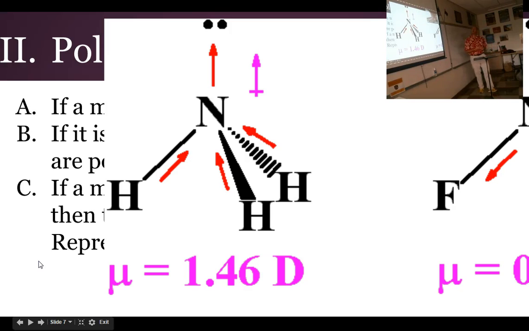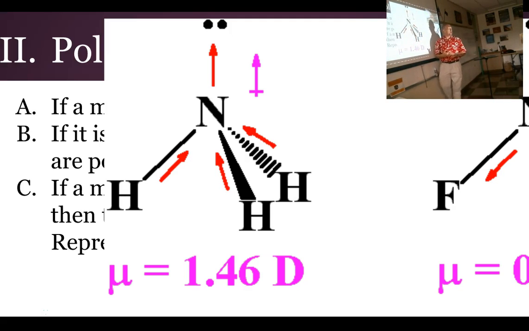Ammonia, NH3, is polar. And so you can see here that if you were to ignore the top part, the bottom part of the molecule is pretty symmetrical. It's a nitrogen and 3 evenly distributed hydrogens down there. But because it's not symmetrical with another hydrogen floating on top, it's an asymmetrical molecule.